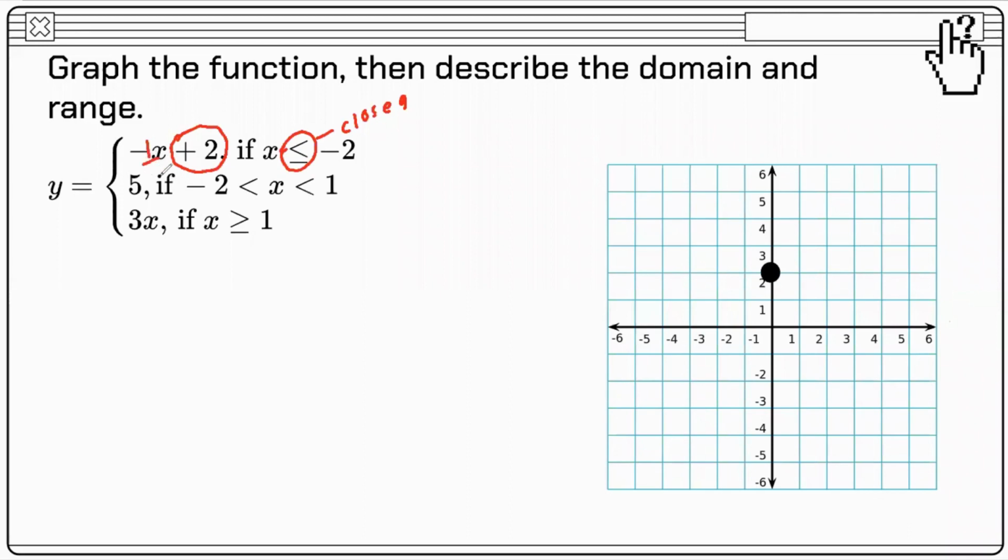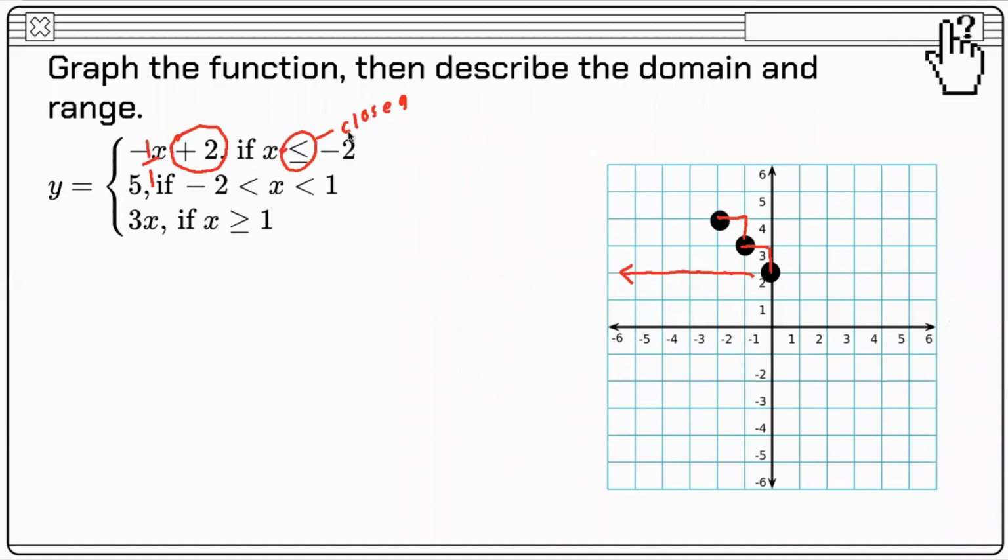We know that our slope is -1/1, and looking at our domain, x is less than or equal to -2, so we want some points to the left of our y-intercept. I'm going to go up 1 unit and 1 unit to the left. Here is a second point. Go up 1 and 1 to the left, a third point.